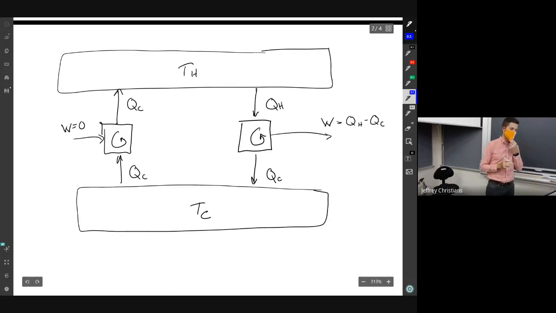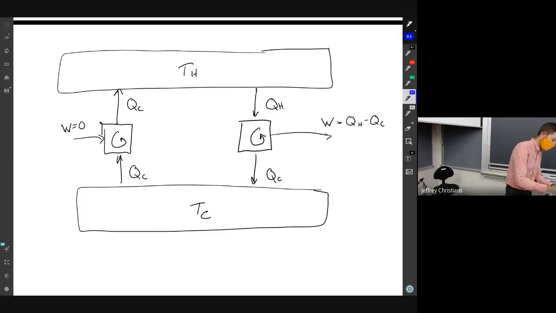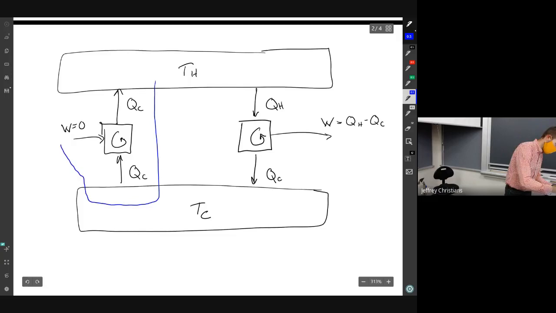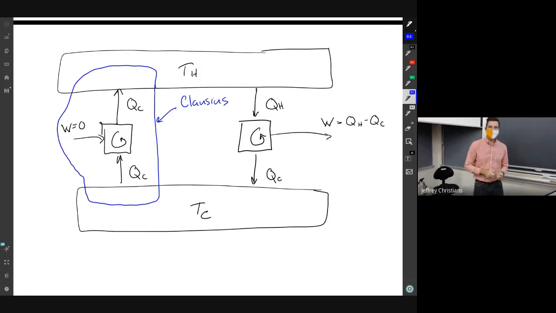And right, this is now a drawing with two different kind of subsystems. If we look at it closely enough, it should be fairly straightforward. Like this part here, that part is Clausius. That's the heat can't flow cold to hot.